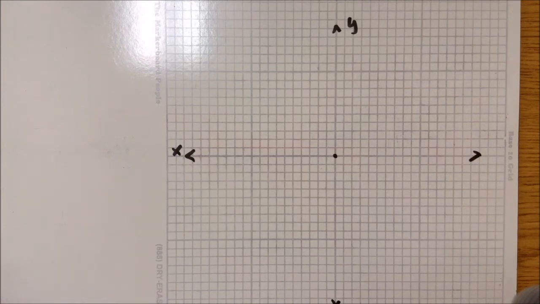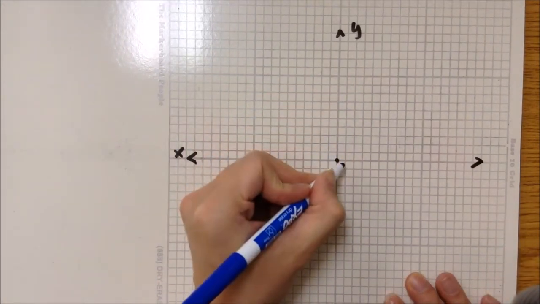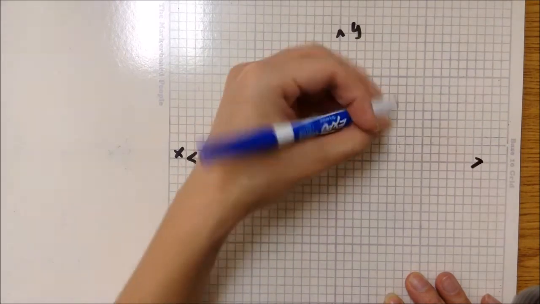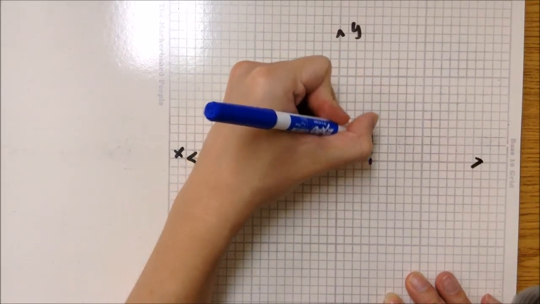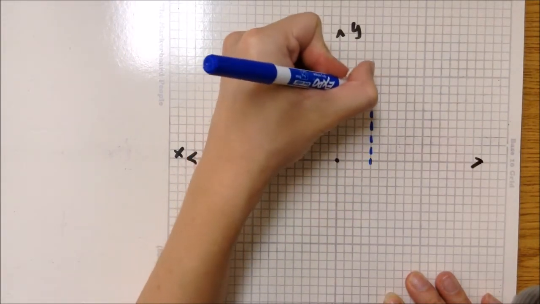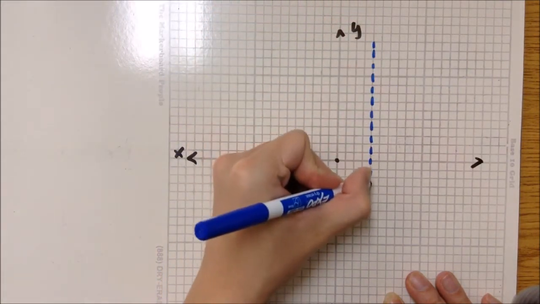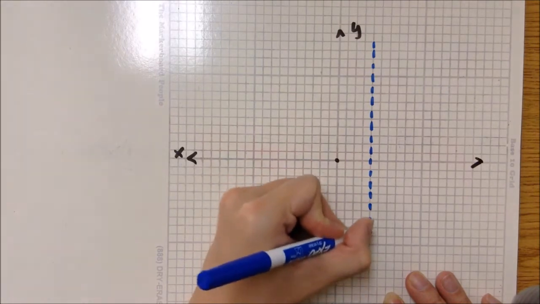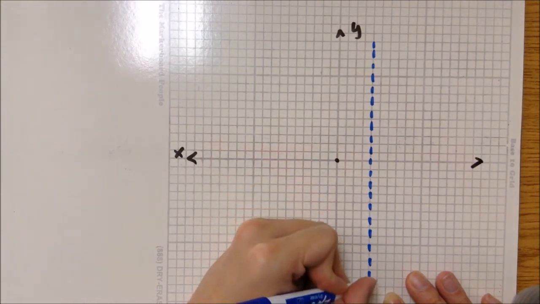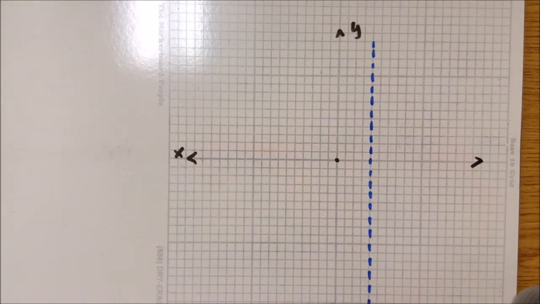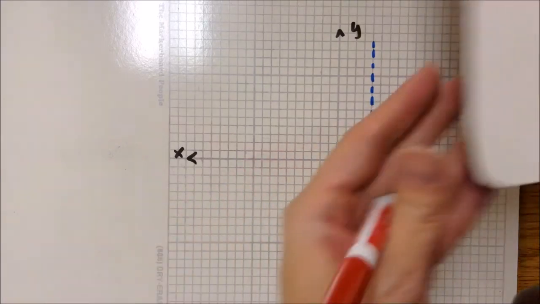So 1, 2, 3, 4. So here's 4. Alright, now the slant asymptote.